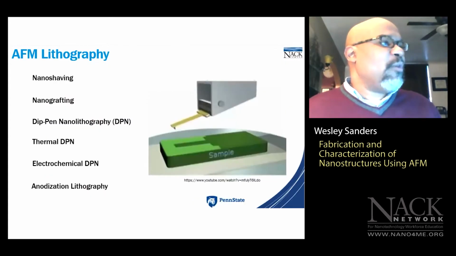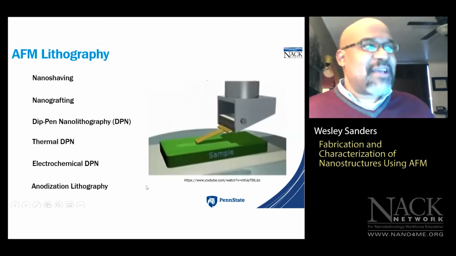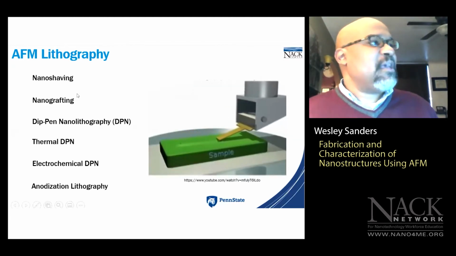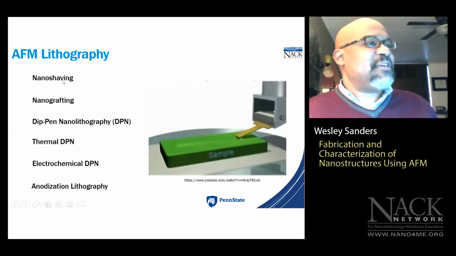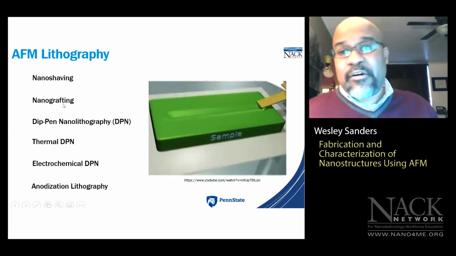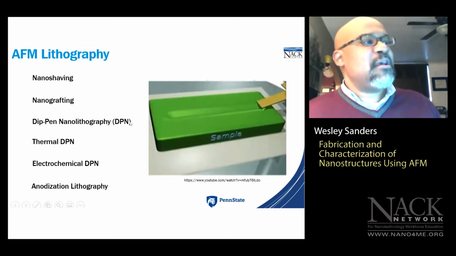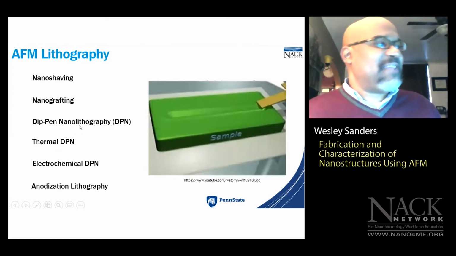What I want to do first is give you an overview of the types of AFM lithography processes we're going to talk about today. We're going to talk about nanoshaving. We're going to talk about nanografting, which involves a nanoshaving step. We're going to discuss dip pen nanolithography, or DPN for short, and thermal DPN, which is a flavor of DPN.